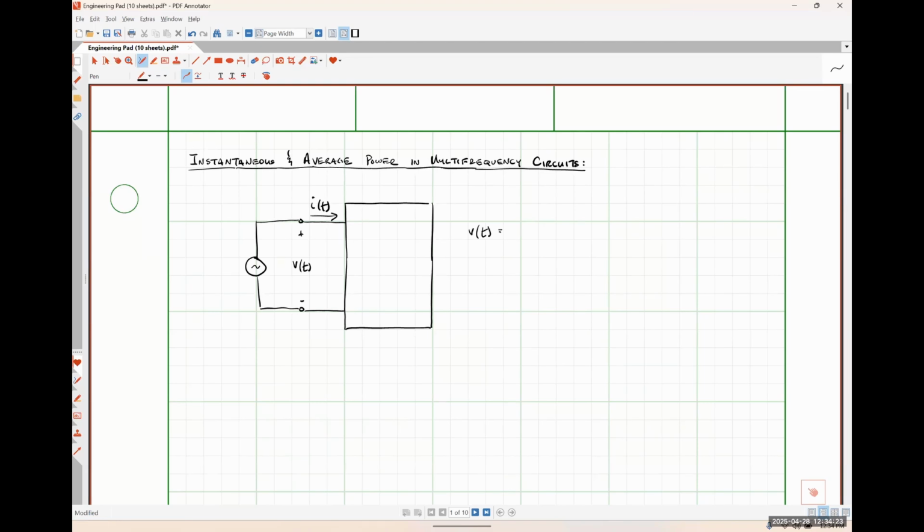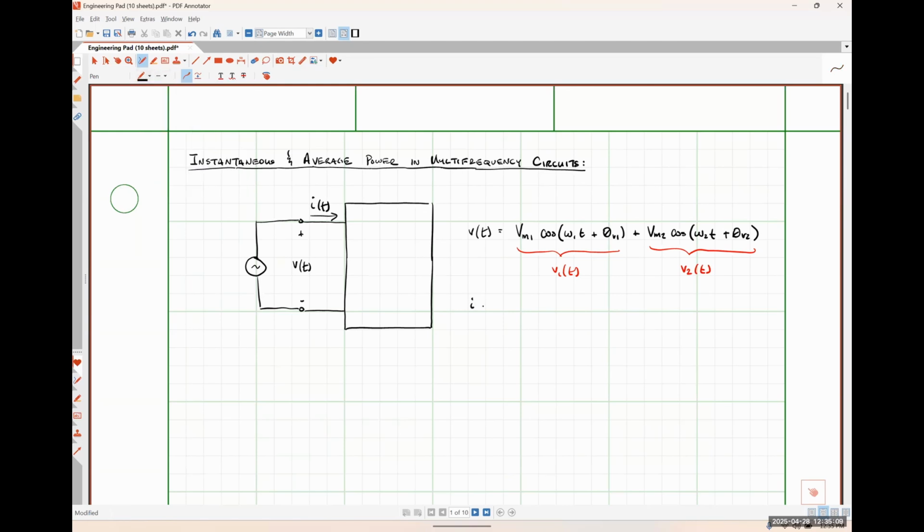So let's say that I have our first voltage signal, Vm1 cosine omega 1 t plus some phase angle theta v1. And now I have my second signal, Vm2 cosine omega 2 t plus theta v2, like so. I'm going to call the first part v1 of t, and the second part v2 of t.